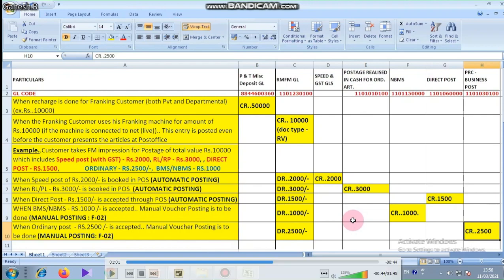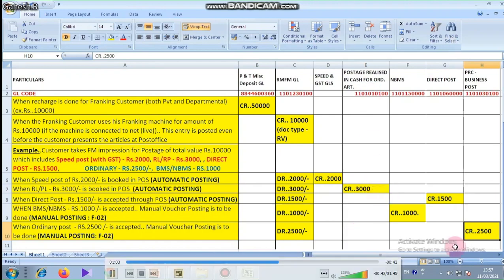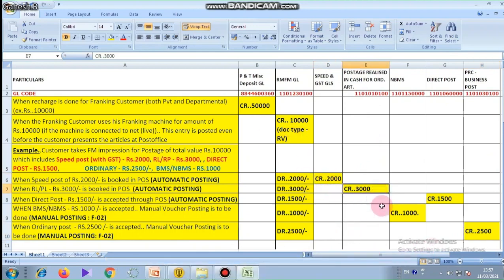Okay. Finally, this RMFM GL will become 0. See, when the customer uses his machine, 10,000 is credited, and when the article is presented at post office counter, all the amount is debited and the balance will become 0 in RMFM GL.